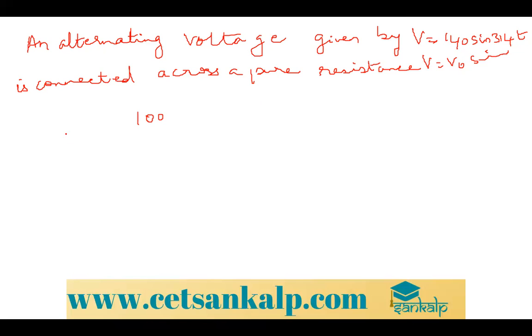So then across a pure resistance of 50 ohm, then the RMS current through the resistor is. Okay.